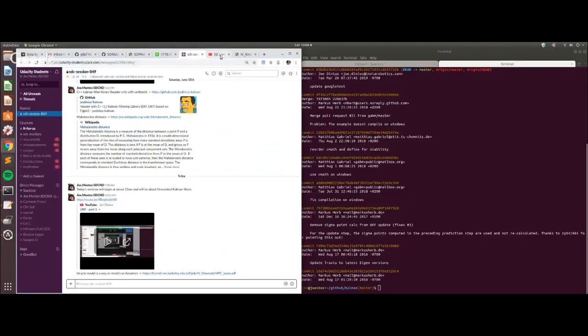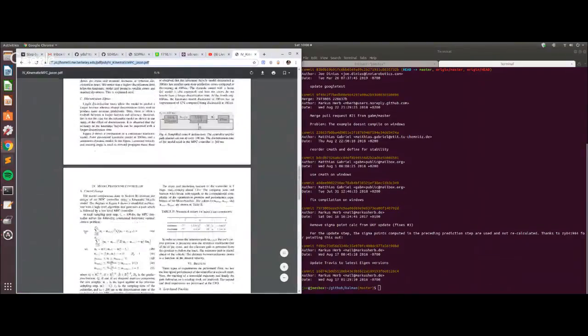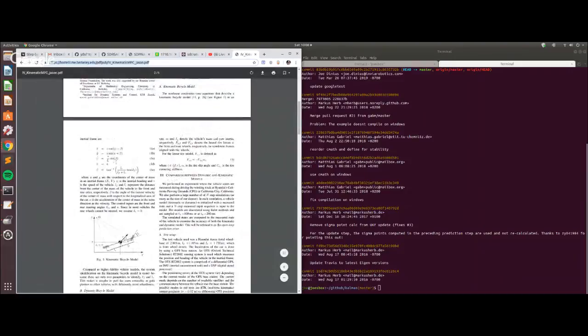So you can see here from this paper that if we just restrict ourselves to the simple bicycle model, this is nonlinear, right? So cosine, it's nonlinear in the steering angle phi, because cosine is a nonlinear function. It's highly nonlinear.